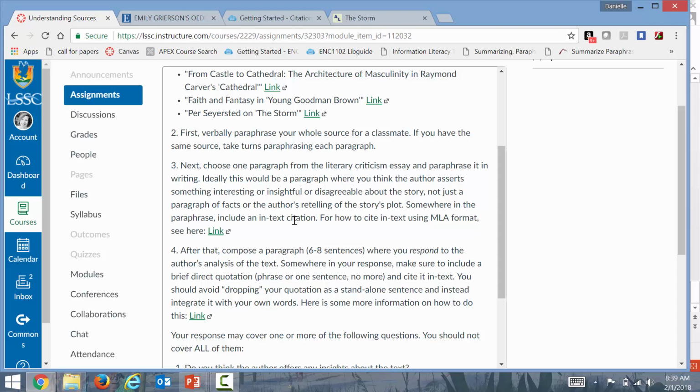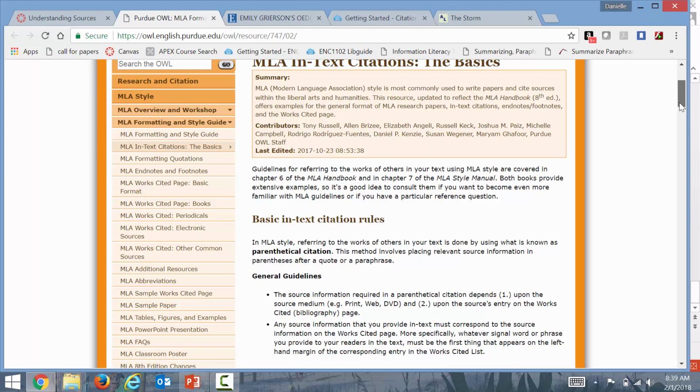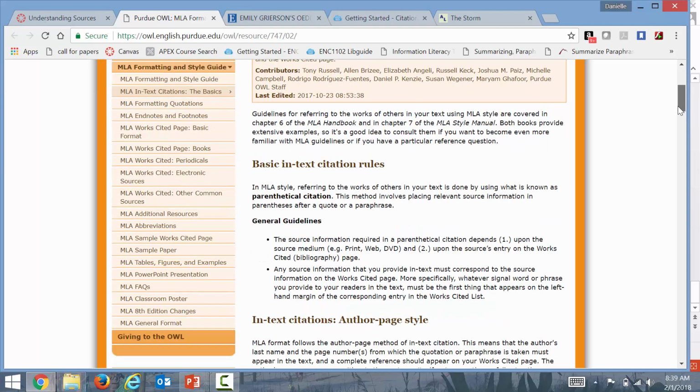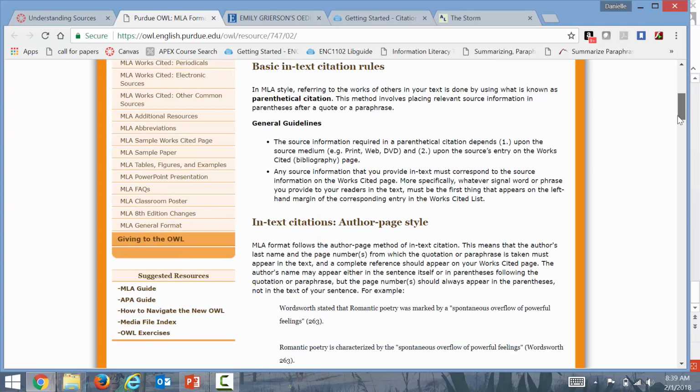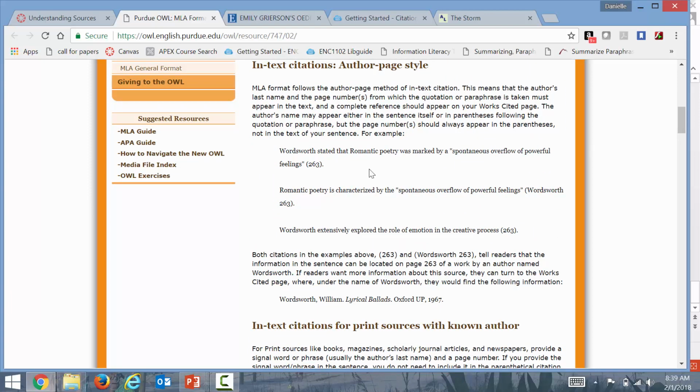Somewhere in the paraphrase, include an in-text citation. For how to cite using MLA in text, see here. If you follow this link, they give you the basics. And I'm going to attach a PowerPoint too that goes over some of these rules with you. But the general guidelines for in-text citations are that you want to give credit to the author of the source and the page number that information appeared on.